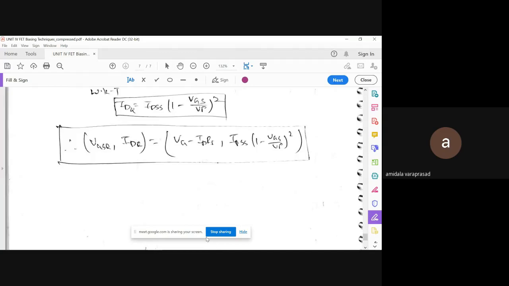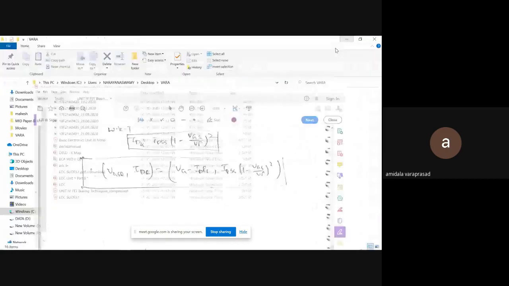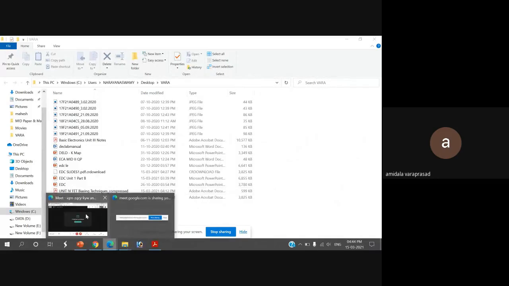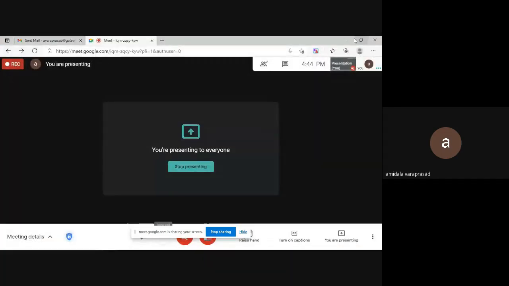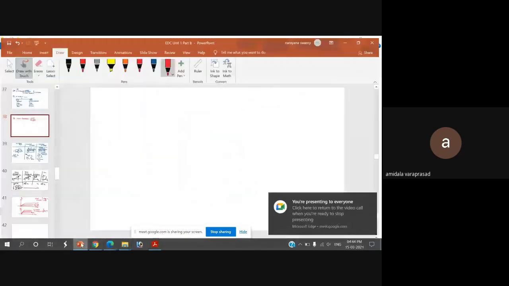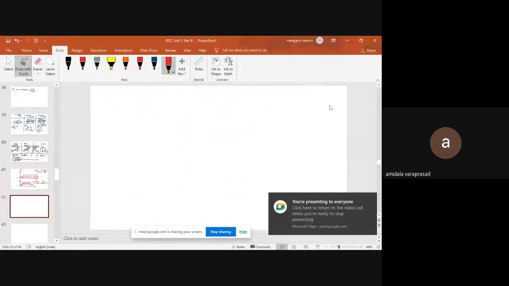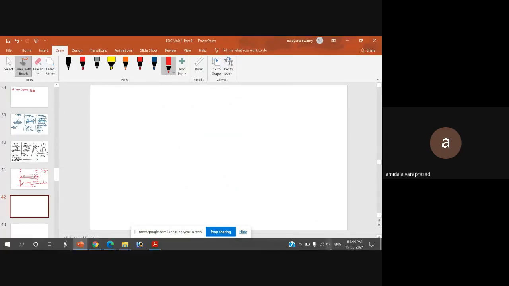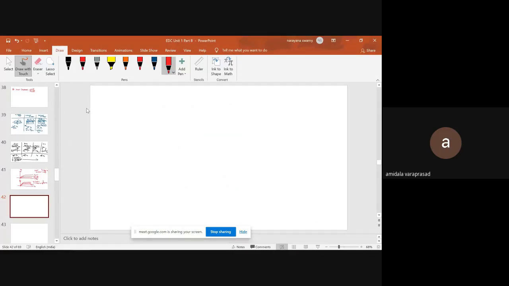The simple technique: I will compare the three circuits and show you. There are three circuits having small differences. The first one is fixed bias.